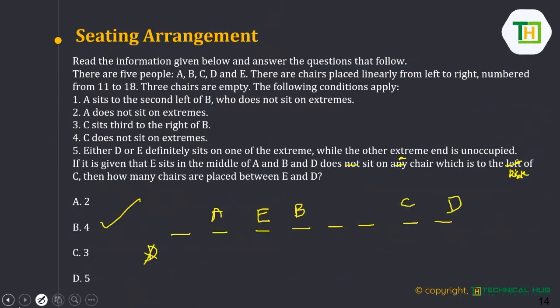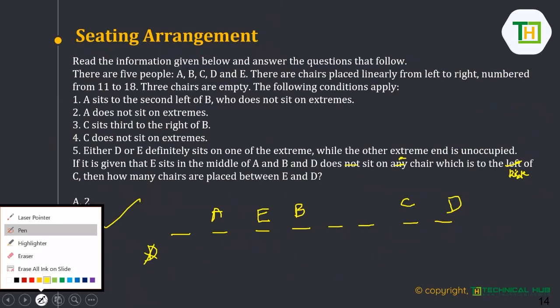In this problem, D does not sit on any chair which is to the left of C. So "not to the left of C" means you take it as right. Yes, so the statement is right here.